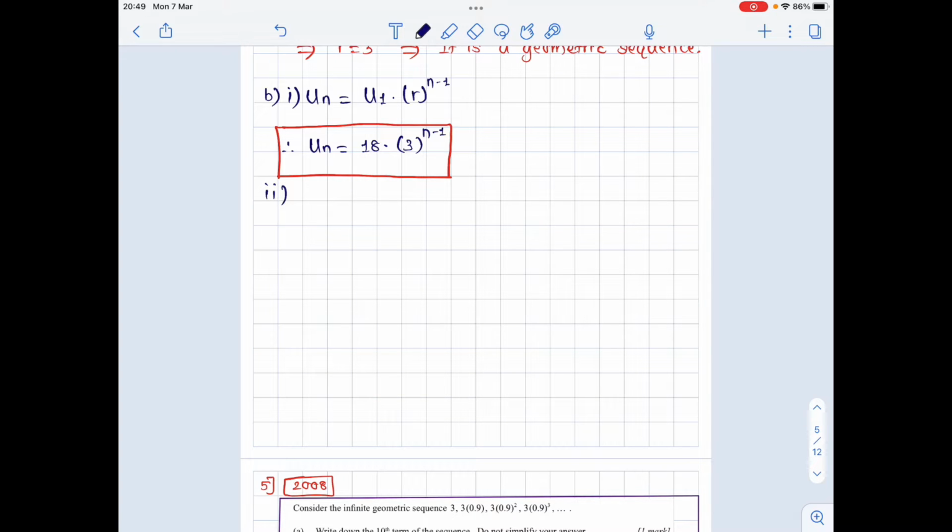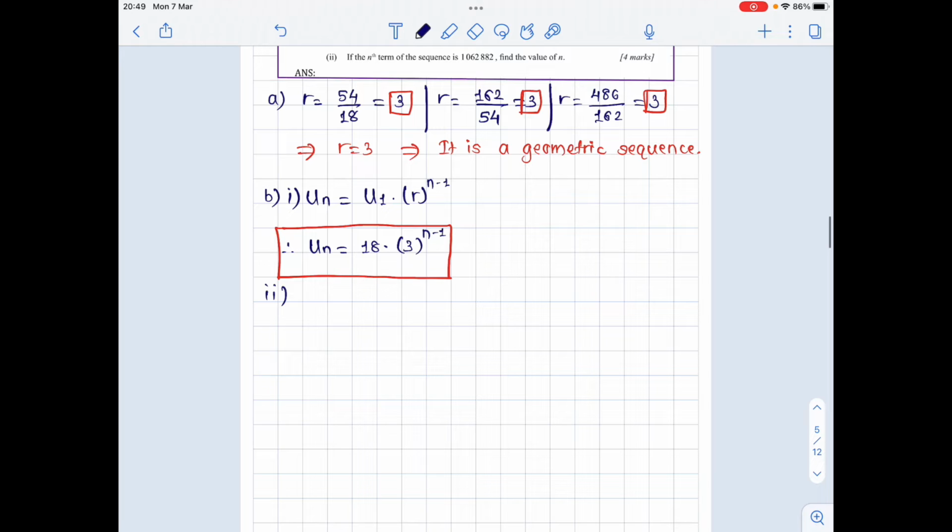They have given the nth term, that means un is equal to 1062882. So substitute in this equation: 1062882 is equal to 18 times 3 raised to n minus 1.